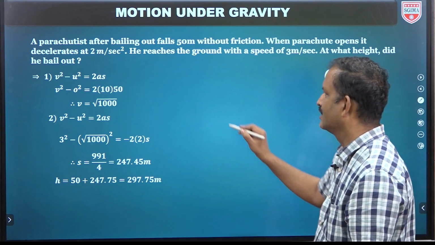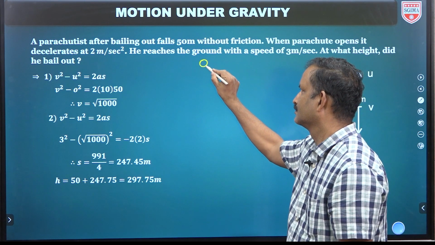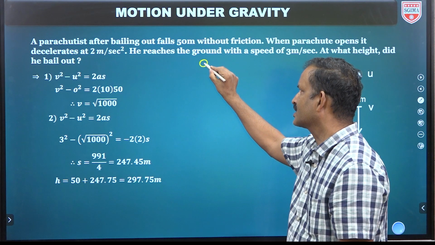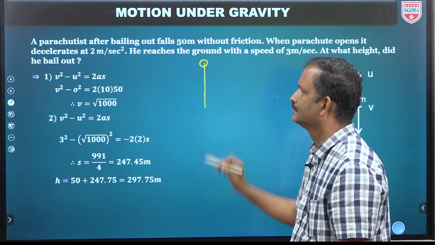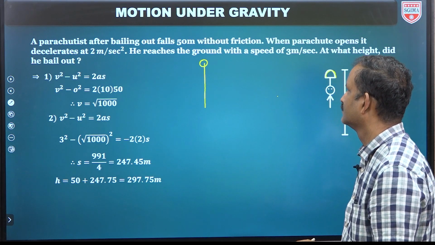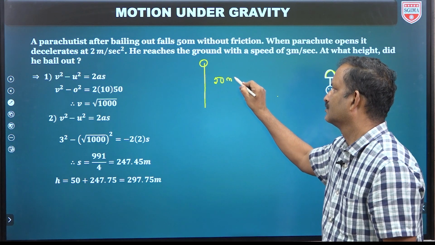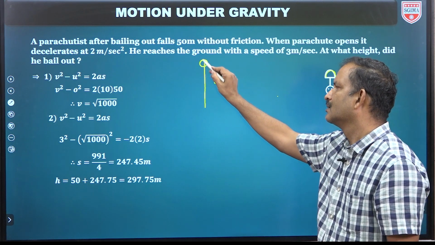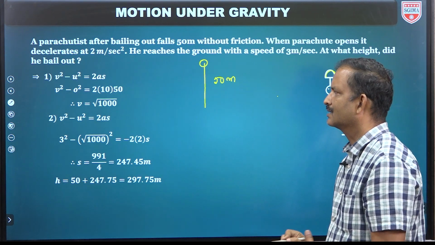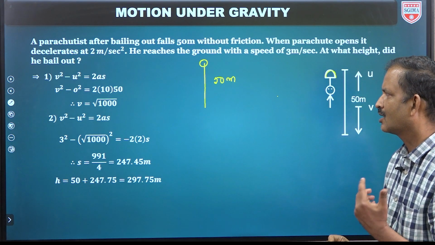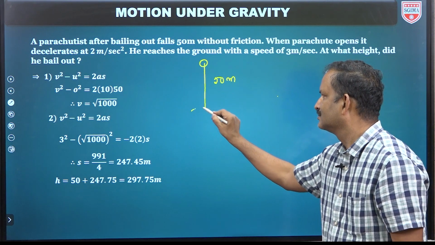What does bail out mean? Suppose here first he is freely falling. Then he came out of the airplane, and up to 50 meters the parachute was not opened.